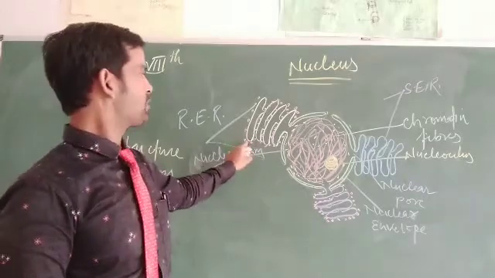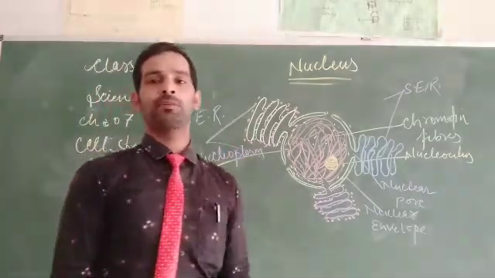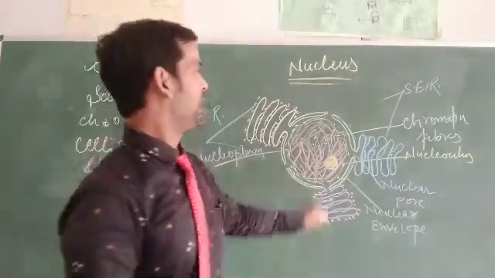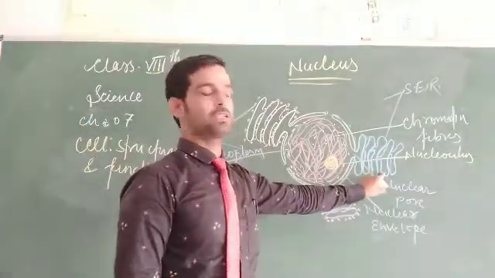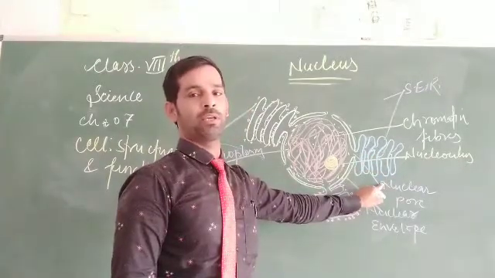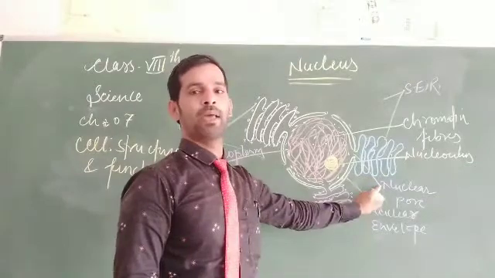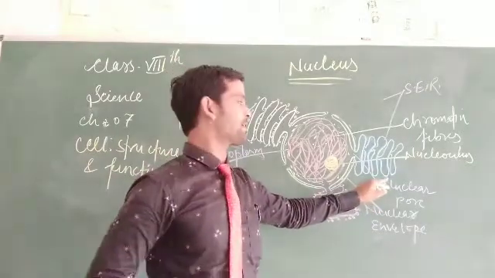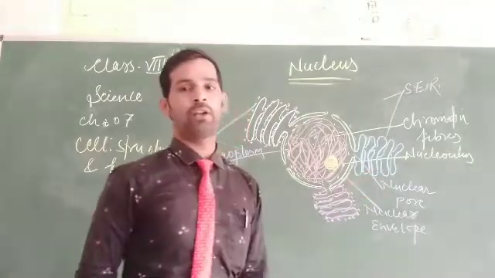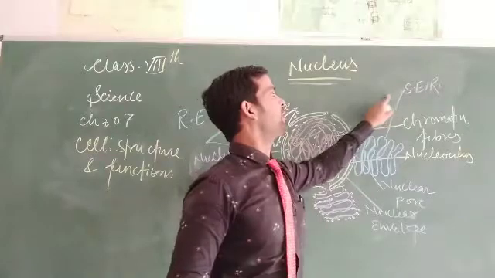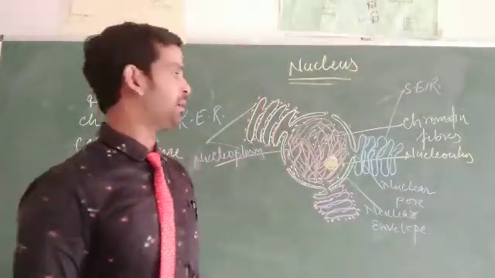These ribosomes are responsible for synthesizing proteins. Here there are no such granules or ribosomes, so this one is smooth, and it is responsible for the synthesis or secretion of fats. This is the smooth endoplasmic reticulum, also called SER.